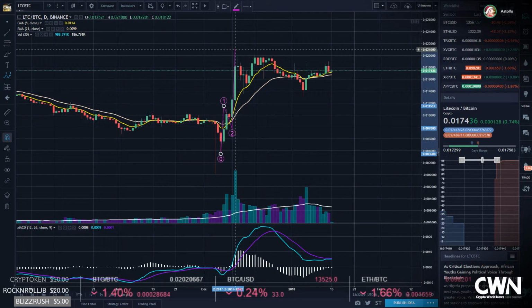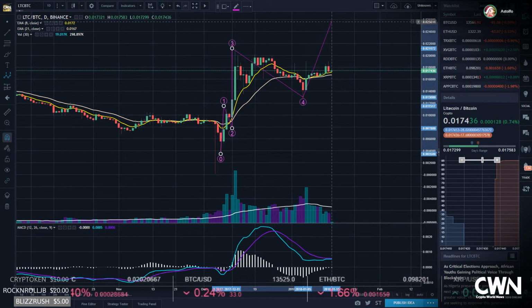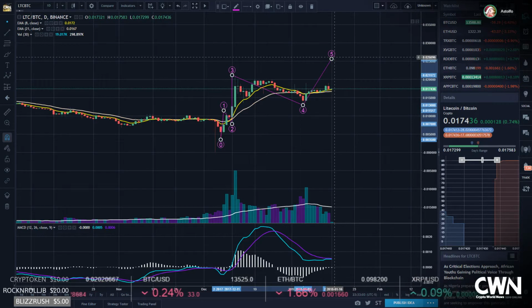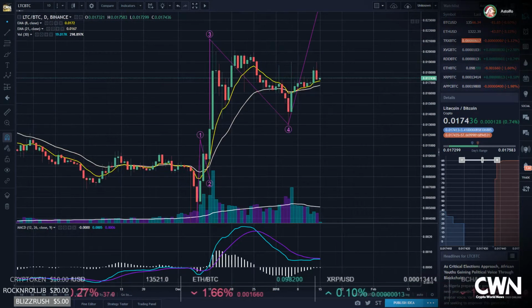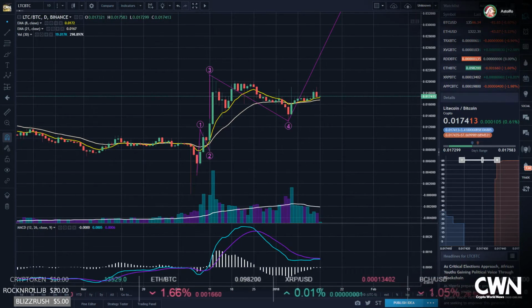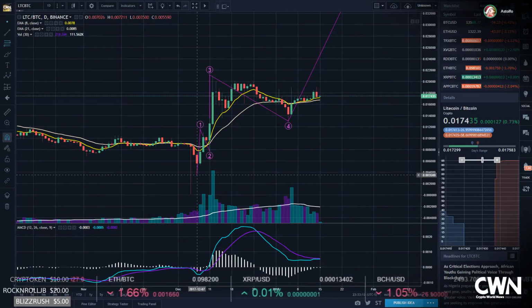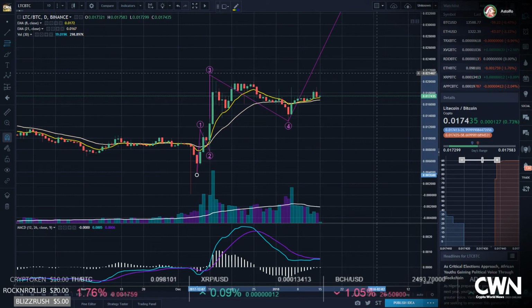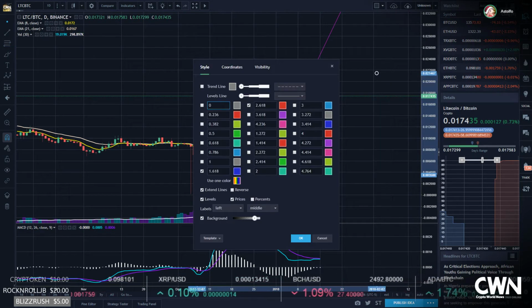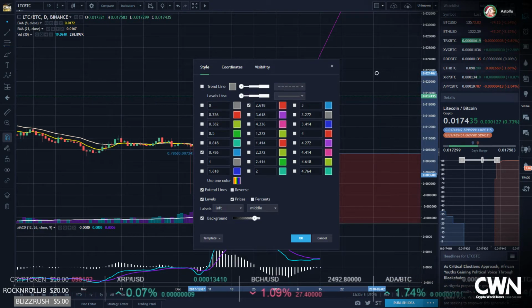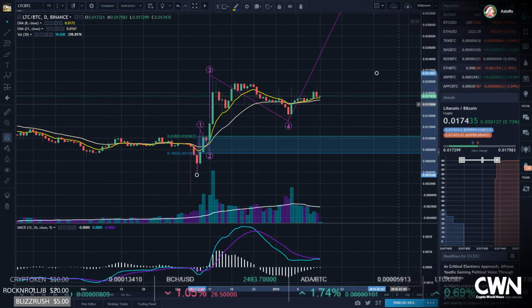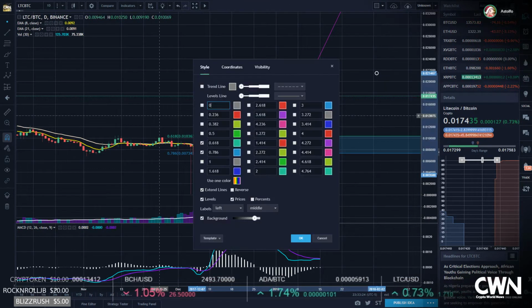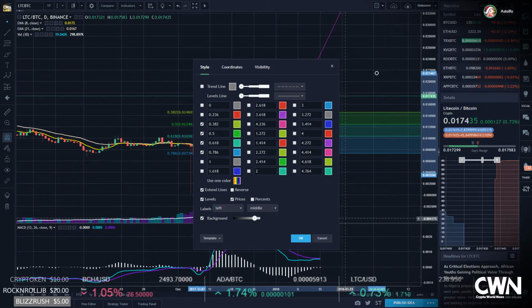Let's say this is our 1, 2, 3, 4, fifth wave higher. Didn't even make it to the 786. Let's see what it looks like higher.